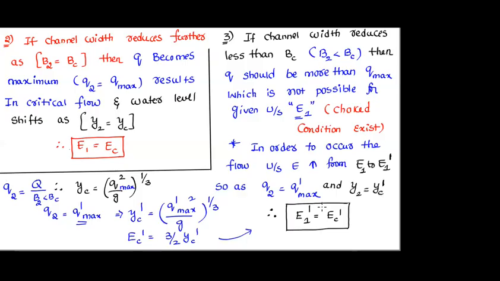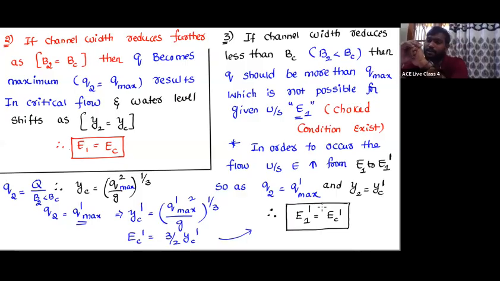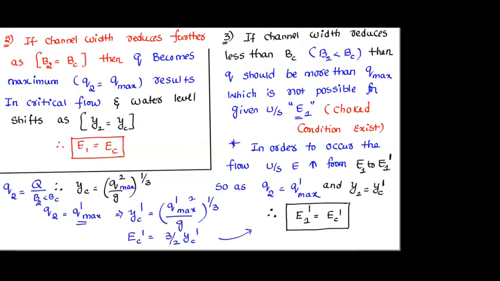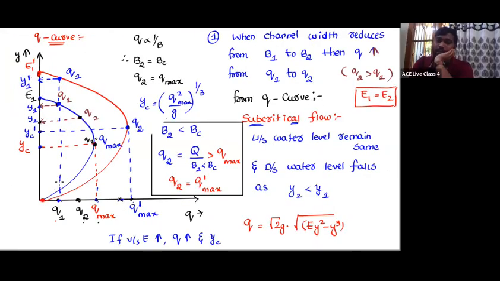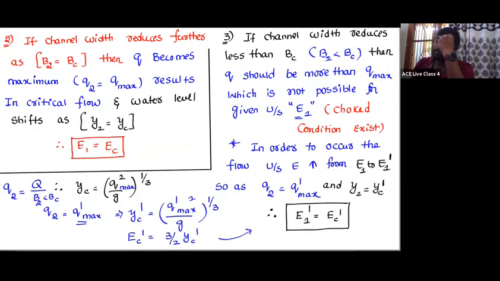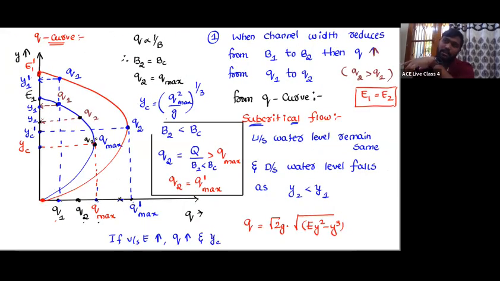Yes, sir. But that is for given upstream specific energy, right? For the given E1, that is going to be there. Yeah. For the given E1, this is the curve. Now, if I raise the specific energy, just if you remember, whenever we increase the discharge, what happens to the specific energy curve?